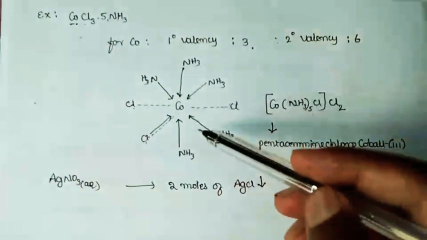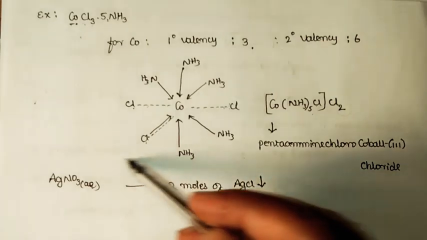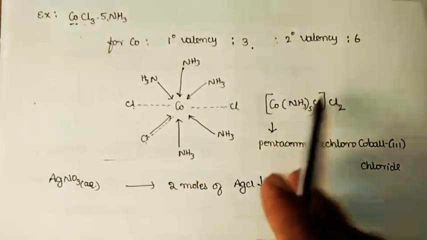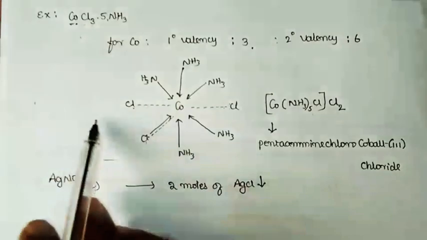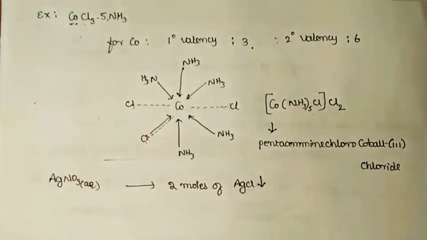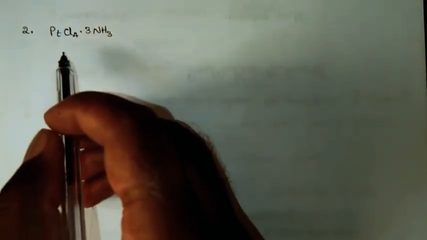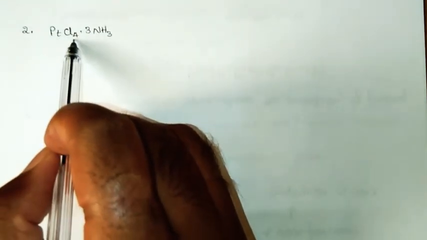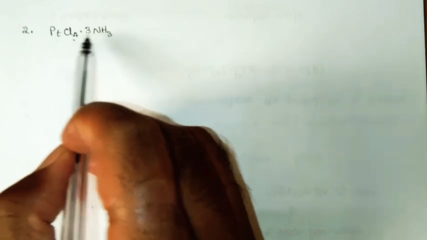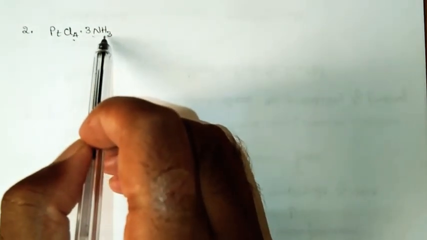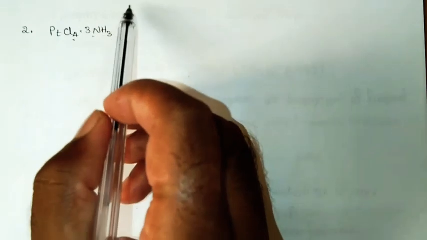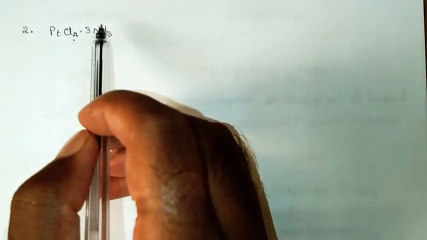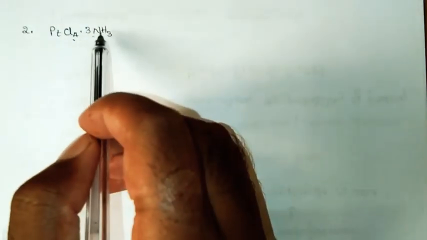So by using Werner's theory, it is possible to predict the products formed when a material is reacted with a particular reagent. Like that, we shall consider one more example. This is the second exemplification. The constitutional formula is this one. The central metal ion is platinum. There are 4 chloro molecules and 3 ammine molecules. I have not yet confirmed which components are actually acting as ligands, that's why I have used only the word molecules.